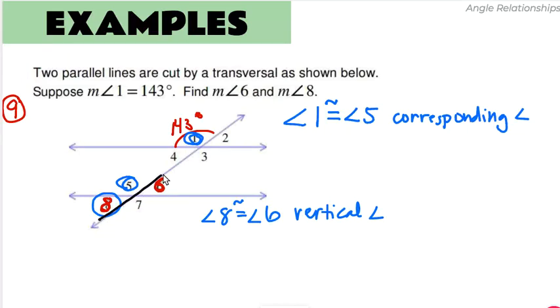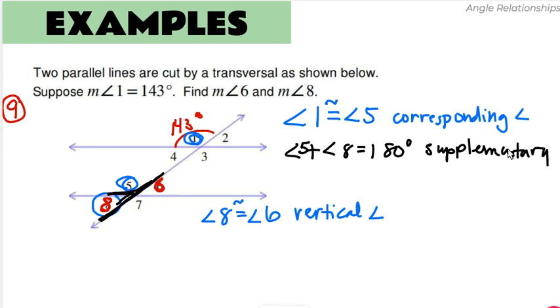I also know, because I have a straight line here, that angle 5 plus angle 8 is going to equal 180 degrees because of supplementary, right? Well, how big is angle 5? Oh, it's 143. Okay. So 143 plus angle 8 is going to equal 180 degrees. What would angle 8 end up equaling?